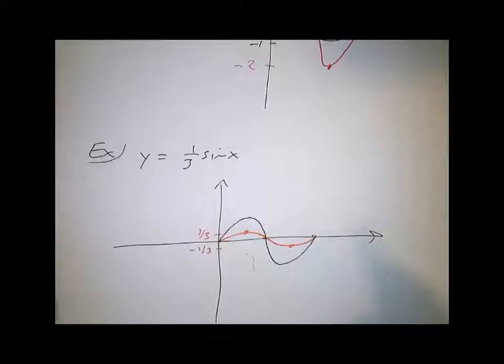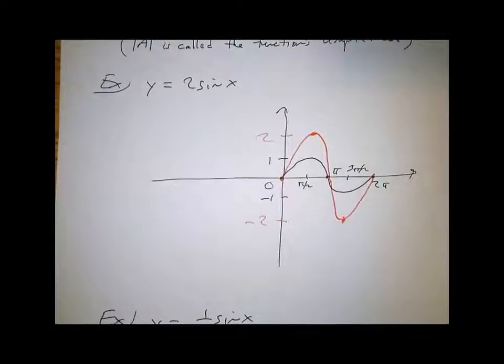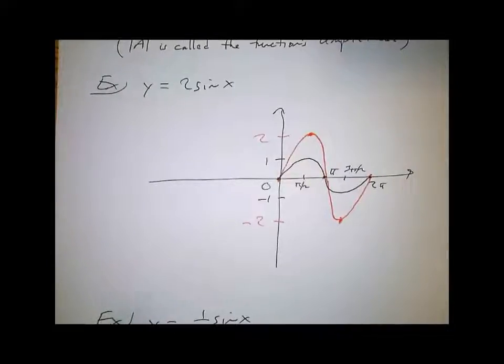Now, it might seem a bit unfair that the previous video was the opposite. When we were multiplying through by 2, for instance, when we had sine of 2x, it actually shrunk horizontally. It didn't stretch. Why are we stretching vertically here? It doesn't seem right. Well, the reason is that my 2 here is on the outside.